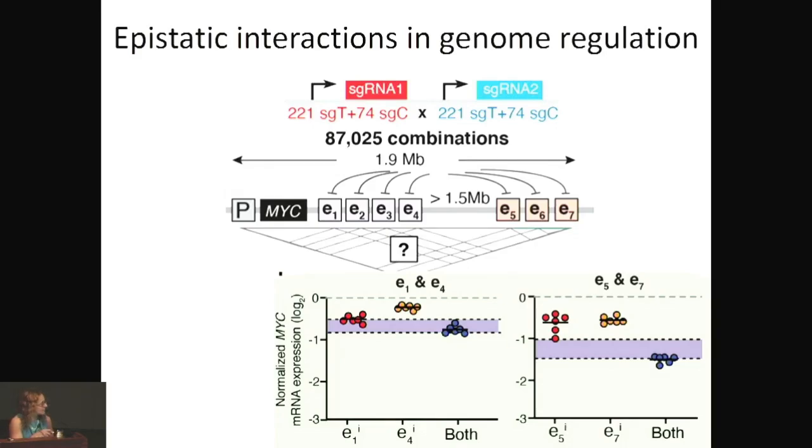What I mean by that is that in these experiments, they are measuring gene expression as an output. When they delete, knock out E1, this is the reduction in expression. When they knock out E4, this is the reduction in expression. So the expression level drops here. When they knock out both, that's what you observe as expression.